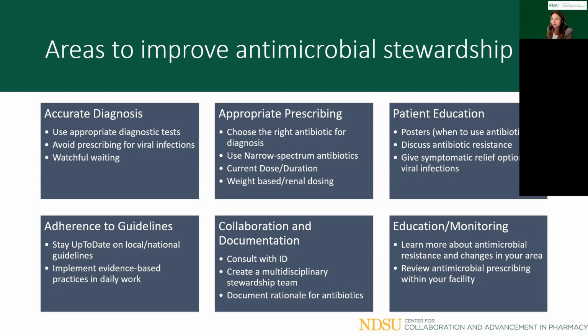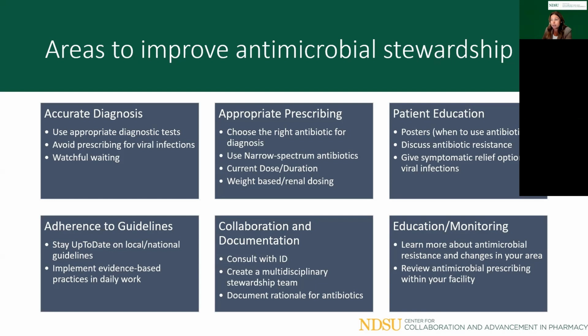Avoiding prescriptions for viral infections and watchful waiting are ways we can improve our diagnosis. Appropriate prescribing. We can improve our prescribing by choosing the right antibiotic for our diagnosis, using more narrow spectrum antibiotics, the correct dose and duration based on your indication, and then weight or renal dosing.